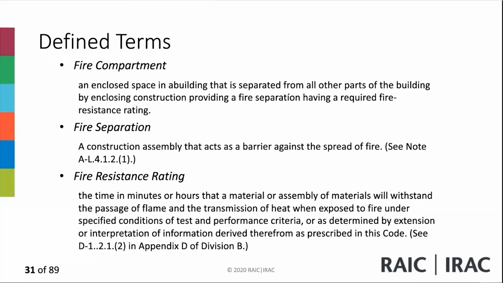If the fire resistance rating of a fire separation is permitted to be waived on the basis of the presence of an automatic sprinkler system, it is nonetheless the intent of the code that the fire separation be constructed so that it will remain in place and act as a barrier against the spread of smoke until the sprinklers have actuated. Okay, so now we have the intent of having a fire separation.